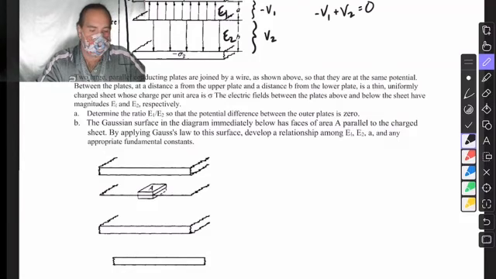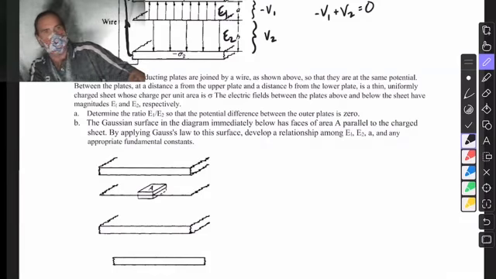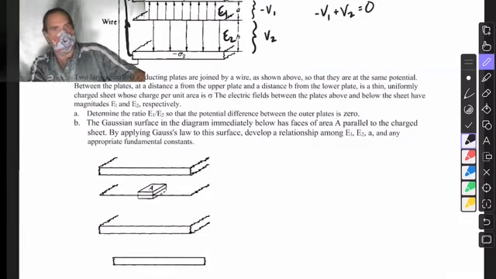I'm putting a negative there because of the direction of the electric field relative to the plates. Going from the bottom plate to the top, I increase potential from the bottom plate to the middle, and decrease potential from the middle plate to the top. Is that okay so far?